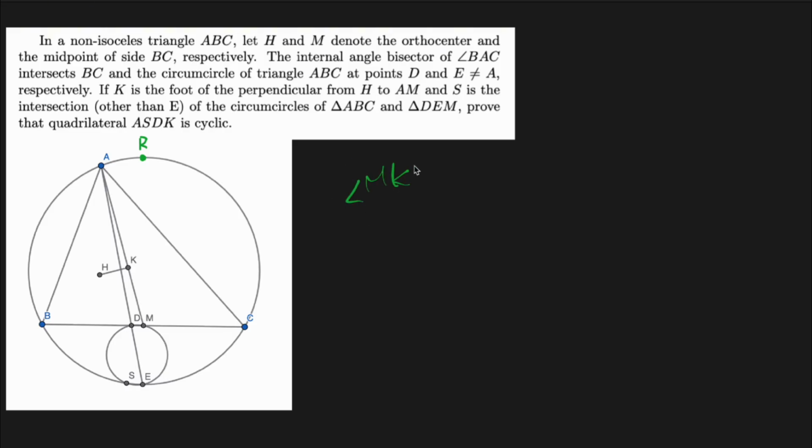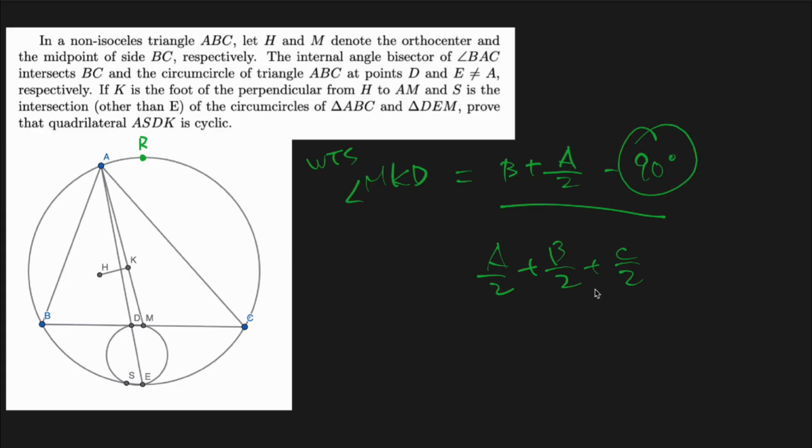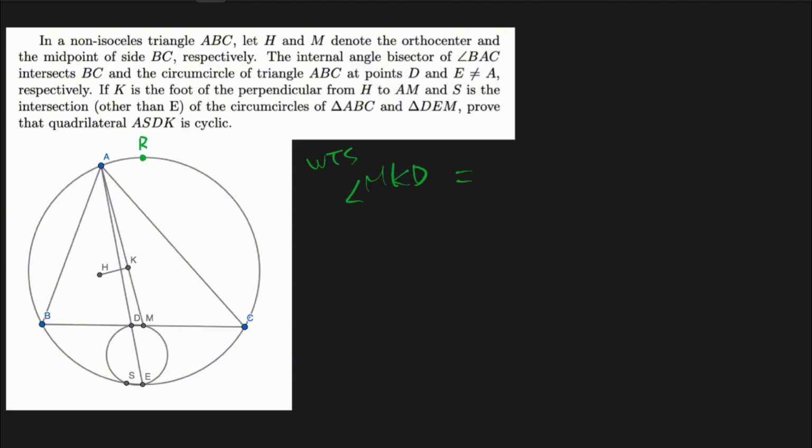We want to show that angle MKD is equal to B plus A over 2 minus 90 degrees. But what's interesting about this is that we can write this in another way, because we know that A over 2 plus B over 2 plus C over 2 is 90 degrees. So we can write 90 degrees as this, and then this would simplify down to B over 2 minus C over 2, which in my opinion is a nicer expression for us to visualize here.